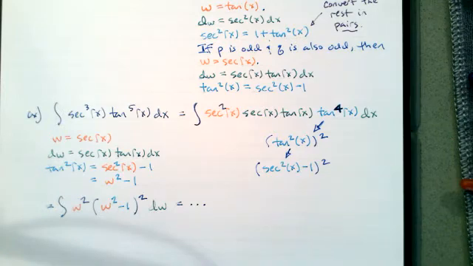So notice that in this case, P can be anything, and we can make the substitution, as long as we've got one factor of tangent to be the dw, and an even number left over. Even if we had a secant to the 1/2 power, tangent to the 5th, we could still make the substitution w equals secant x.